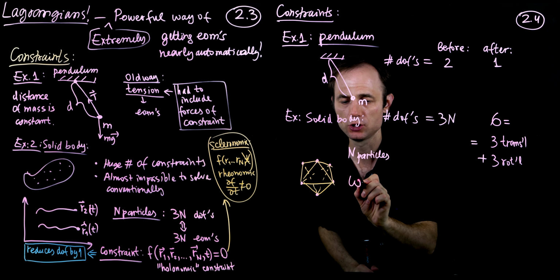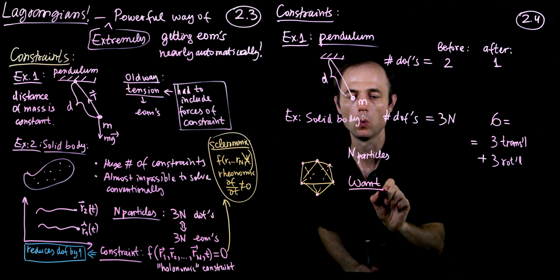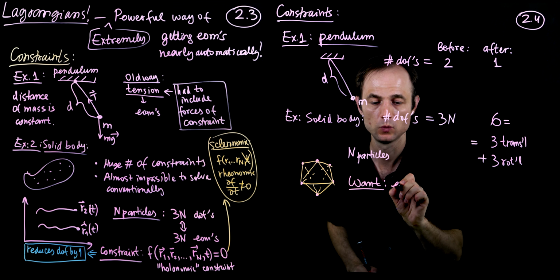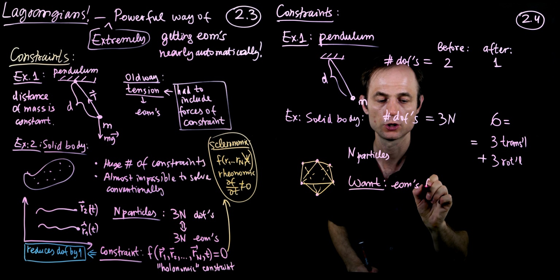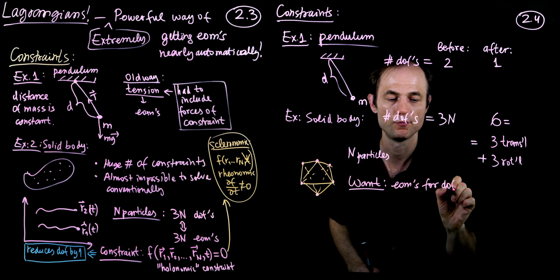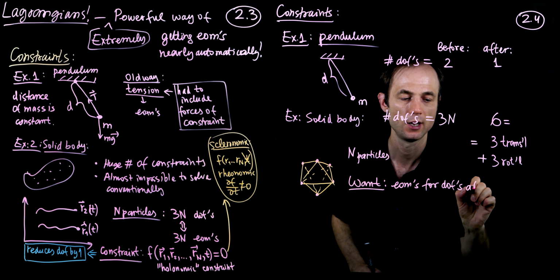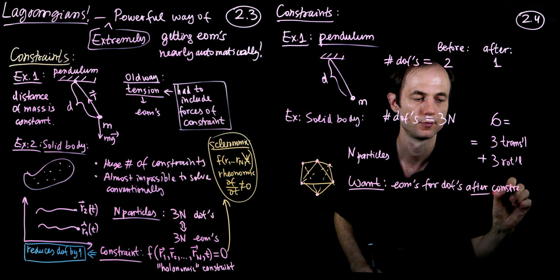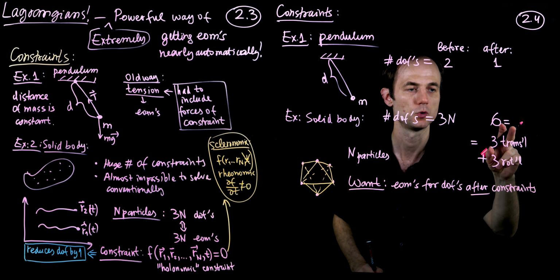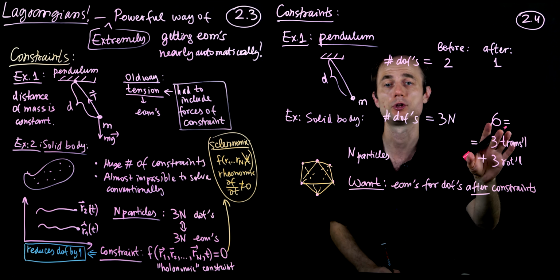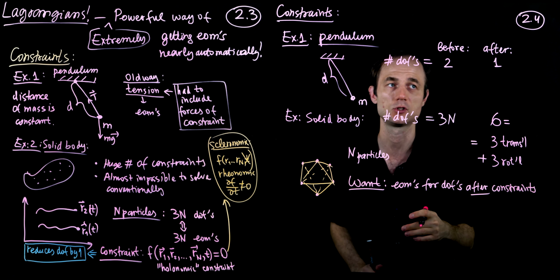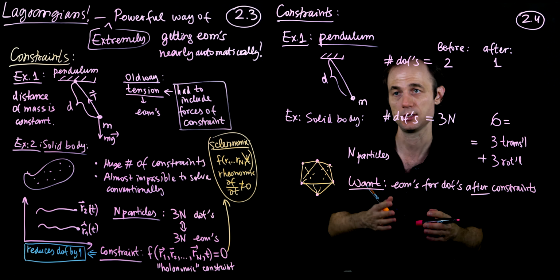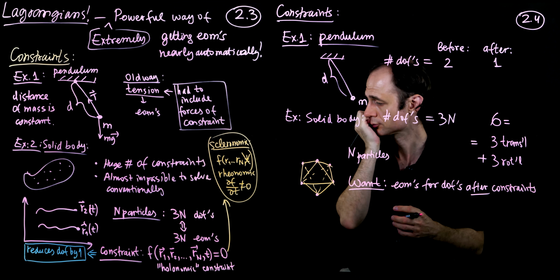So what do we actually want out of the Lagrangian approach? What we want is equations of motion for the remaining degrees of freedom after constraints. So we want equations of motion for the remaining 6 degrees of freedom in the case of a solid body, or for the remaining 1 degree of freedom in the case of a pendulum.